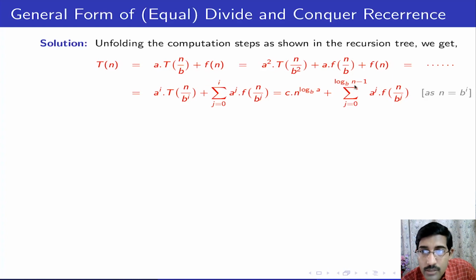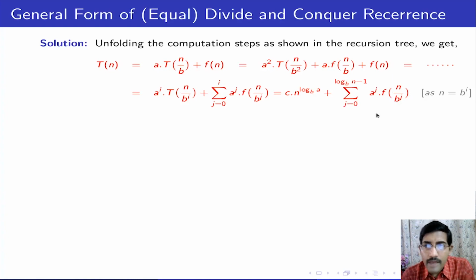That's why it is log b. So this is a mistake, just correct it. This will be i minus 1, it comes as log n base b minus 1. So now see, computing T(n) means we need to approximate what this term will be. That will be my answer for T(n) finally, if we want to compute it.